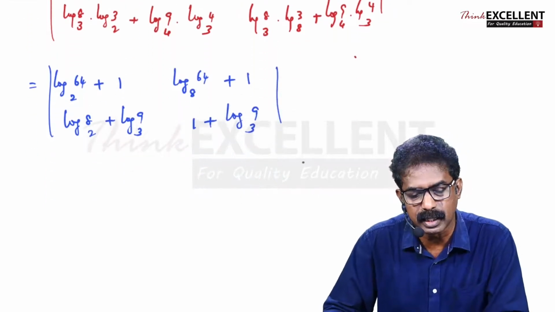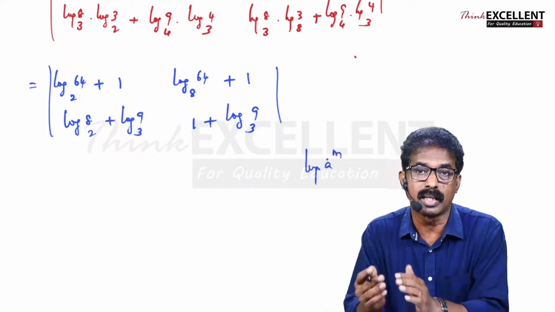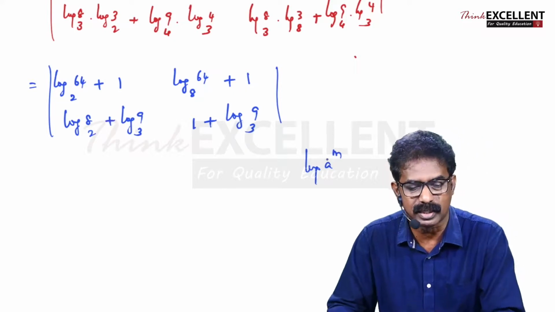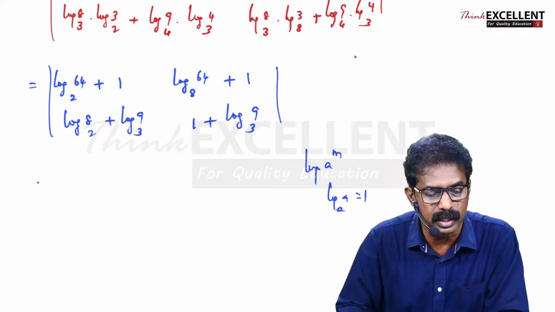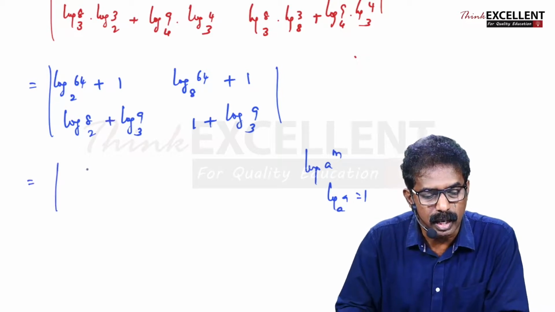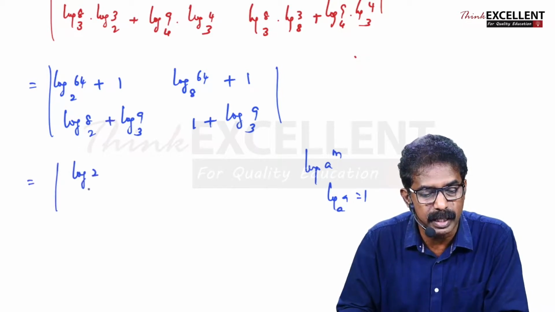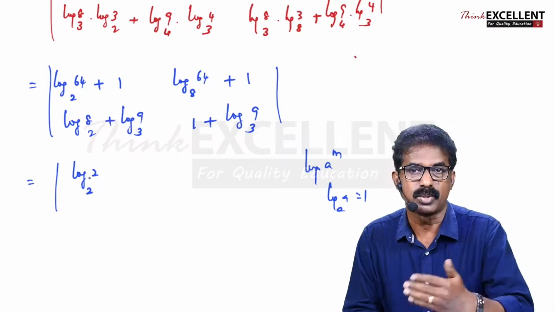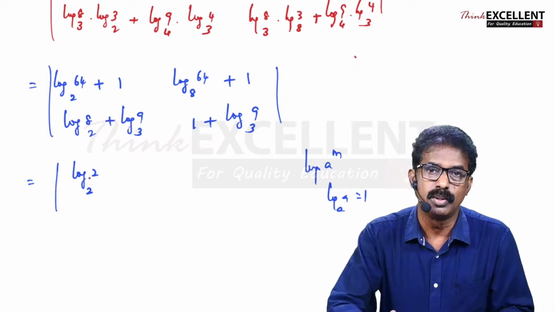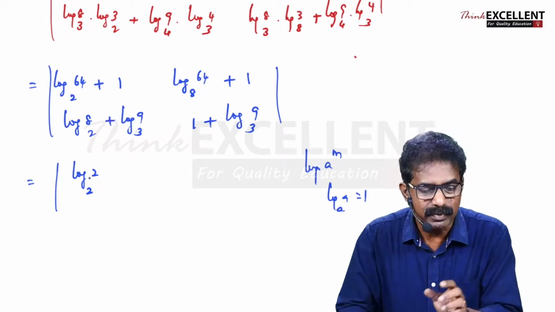Now please listen here. Log a raised to m you can write as m log a, right? And log a to the base a is equal to 1. So with the help of these two, log 64 can be written with base 2. 64 can be written in many ways, right? 8 square, 4 cube, 2 raised to 6. Here we are taking 2 raised to 6.